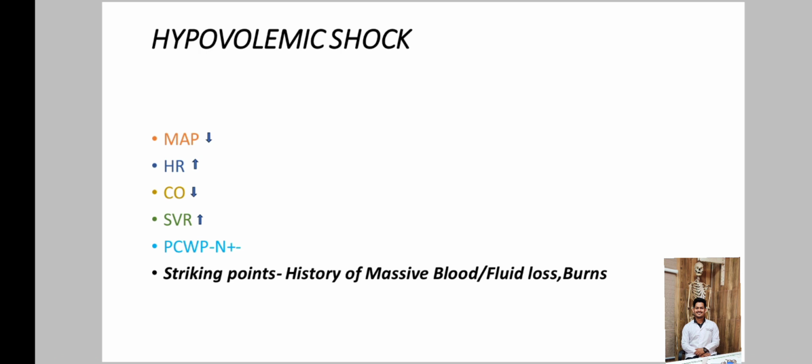Now there is less blood in the body, so this leads to a decrease in the stroke volume. To compensate for the stroke volume, the body will try to increase the heart rate. Thus the heart rate is high in hypovolemic shock, and the pulmonary capillary wedge pressure can be normal, or sometimes increased or decreased.